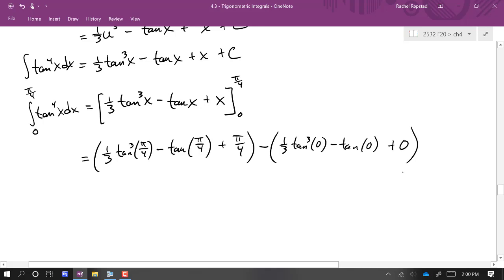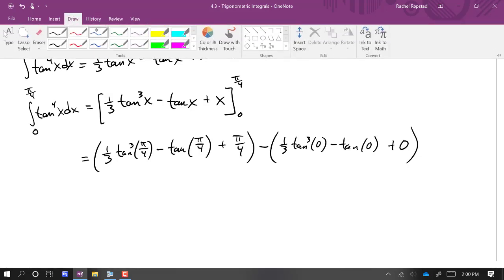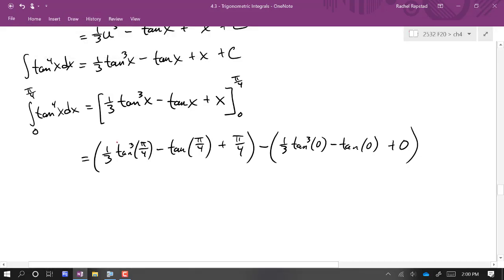So tangent of pi over 4 is 1, and tan cubed of pi over 4 is 1 cubed. So this here is 1. This is 1. For the other stuff, tangent of 0 is 0. So of course tan cubed is 0 cubed, still 0. So when you plug in the lower limit of 0, the whole thing just zeroes out.